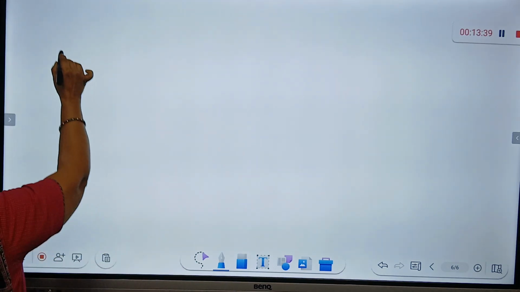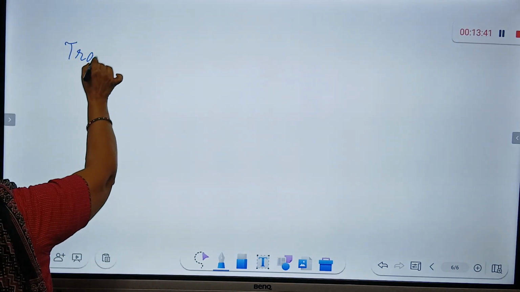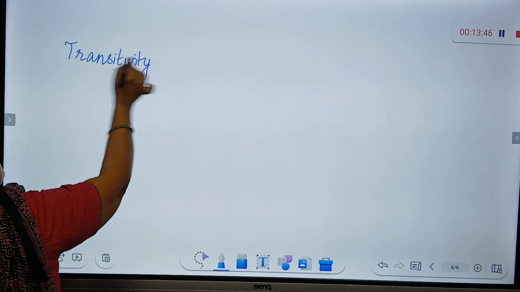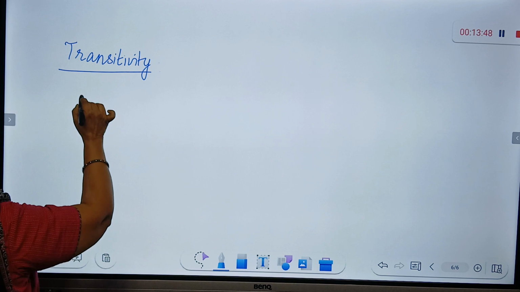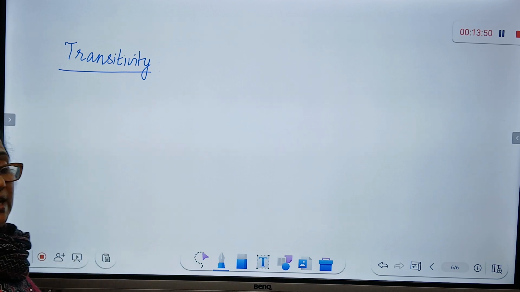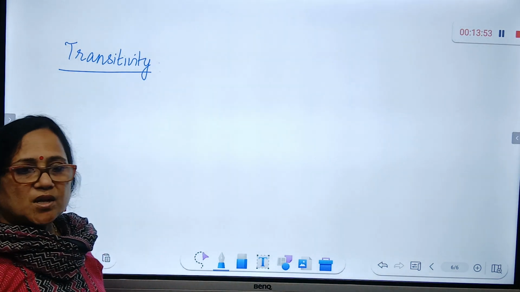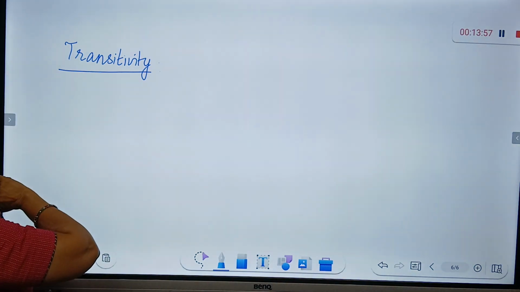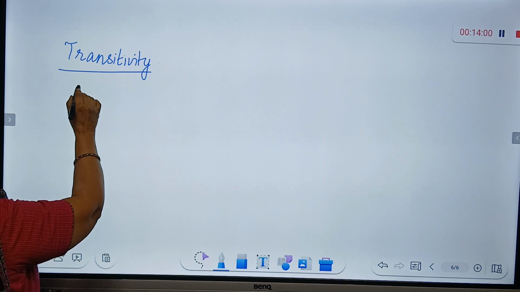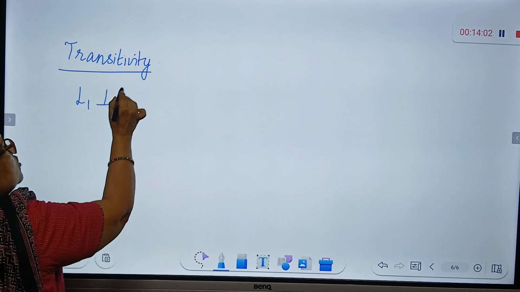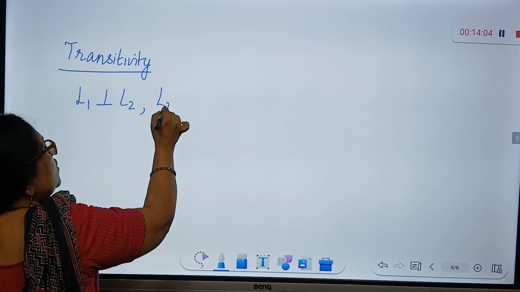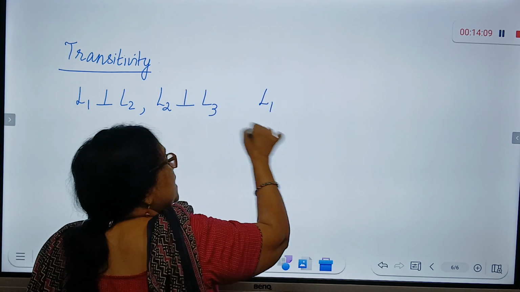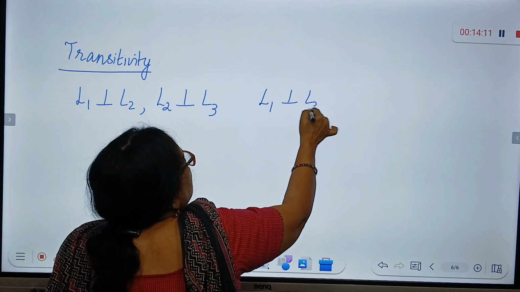Now, what is the third property we have to check? We have to check for transitivity. We are taking the same example. A consists of all straight lines in a plane and two lines are related if they are perpendicular to each other. Now, what is the definition for transitivity? If L1 is perpendicular to L2 and L2 is perpendicular to L3, the question we are asking is: is L1 perpendicular to L3?